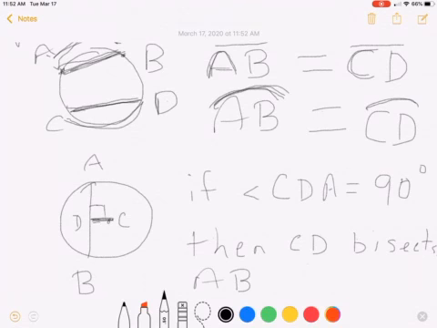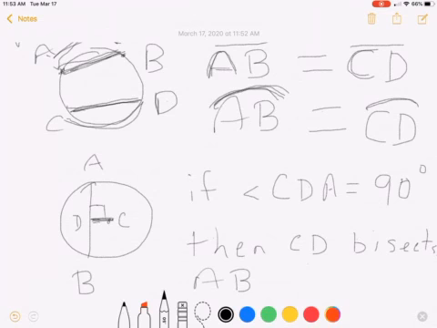Now this can be thought of in a couple different ways. It's also true, for example, if AD equals DB, if, in other words, AB is bisected by the segment CD, then CD must be at 90 degrees. So if 90, then it's the bisector.